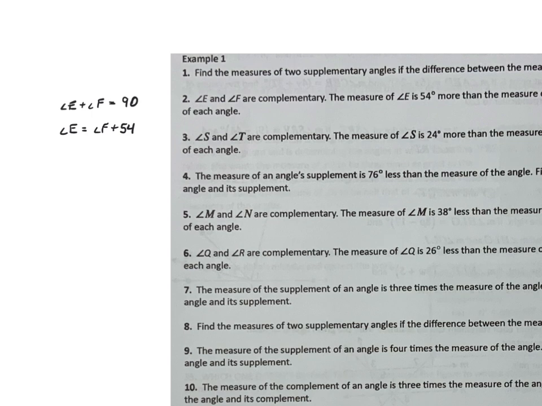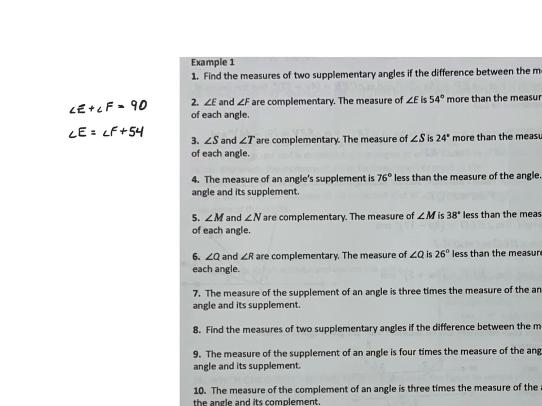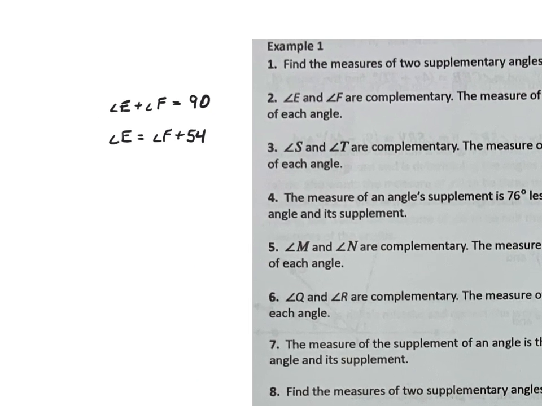Now, I can't necessarily just work straight here with this as a system, but what we learn in solving these equations is that we can do some substitution. And since I know here that angle E is equal to this amount, well, I can turn around and replace angle E with that amount. And then that way, what I've done is I've gotten to where I only have one variable to solve for.